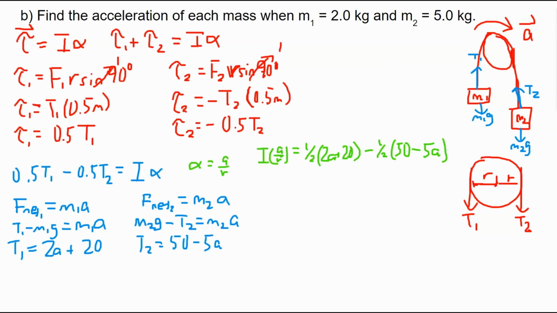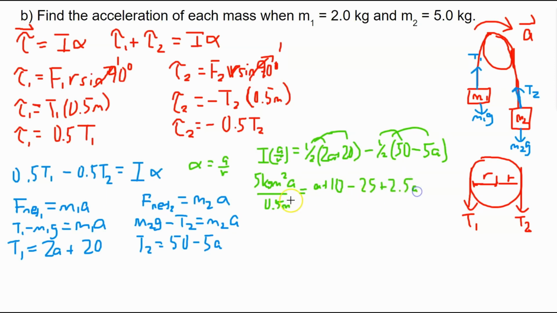So, 5 kilograms times meters squared, times the linear acceleration a over r, which is 0.5 meters, is equal to, so we're going to distribute this half, so this becomes a plus 10, and if we distribute this negative half to here, this becomes minus 25 plus 2.5a.